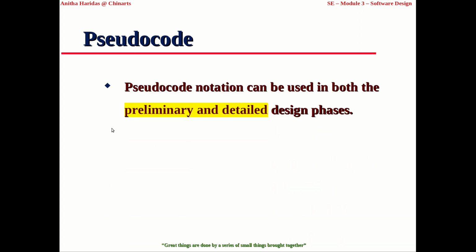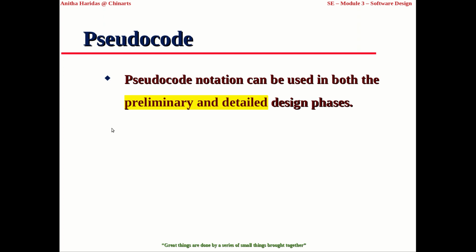So pseudo itself means which is not real. So this pseudocode notation will be generally used in both preliminary design phase as well as in the detailed design phase. Right from the preliminary to the detailed design phase, we can use the pseudocode.